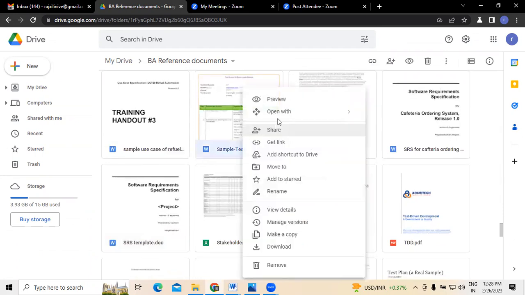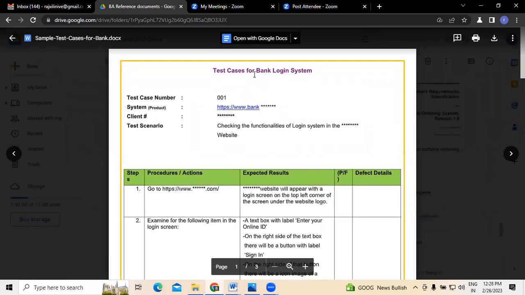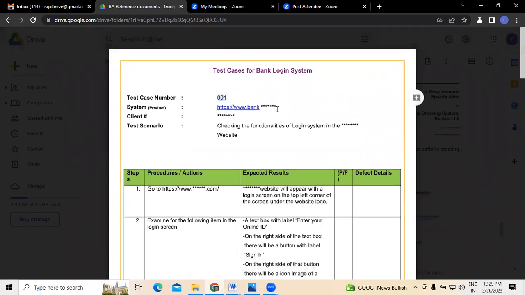Yeah, the test case document is here. This is a sample test case document you can see. This test case template is for a banking login system. The test case number will be mentioned, followed by the system and product name, client details, and so on. Next is the test scenario. The scenario has to be established here, meaning for that particular scenario there are a couple of actions to be performed under the test case.